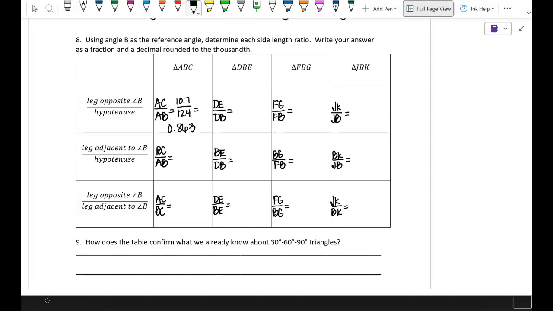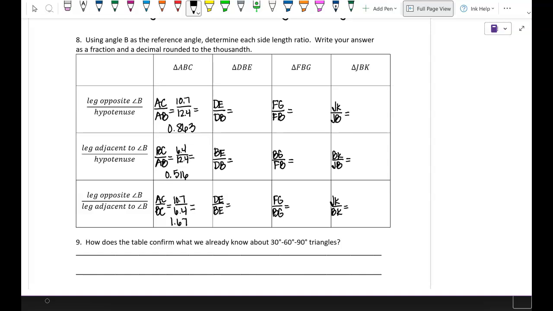And then if I do BC over AB, that is 6.4 over 12.4, which comes out to 0.516. And then if we take the 10.7 over the 6.4, we get 1.67.